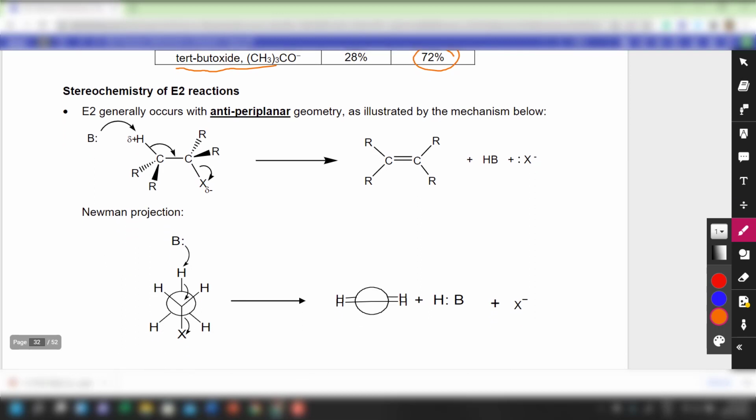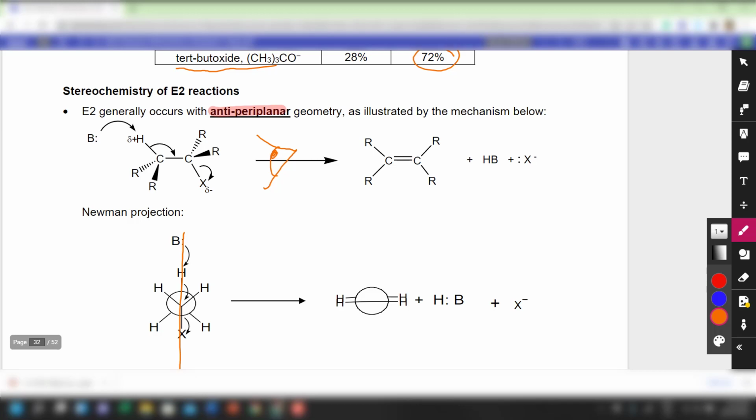Okay, so for the stereochemistry of E2, in this case you notice that there is a term we need to introduce to you, that is anti-periplanar geometry. That means that the C-H group, when you look, let's say I place my eyes here, the H, C, C, X must be in one plane.